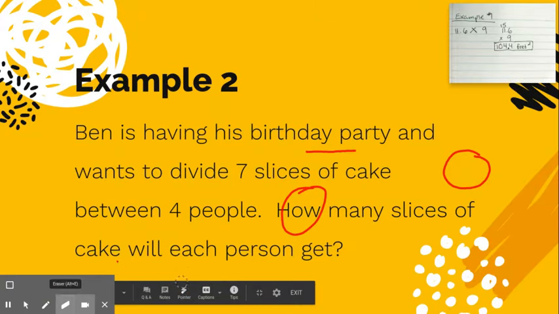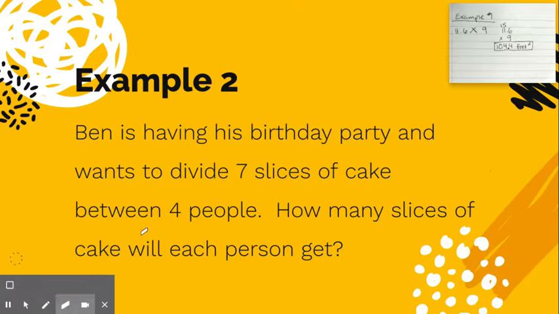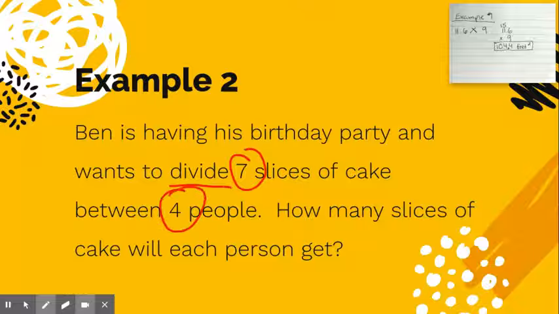It says, Ben is having his birthday party. He wants to divide his 7 slices of cake between 4 people. How many slices of cake will each person get? So we're dividing 7 slices between 4 people. We don't need to know that he's having a birthday party.